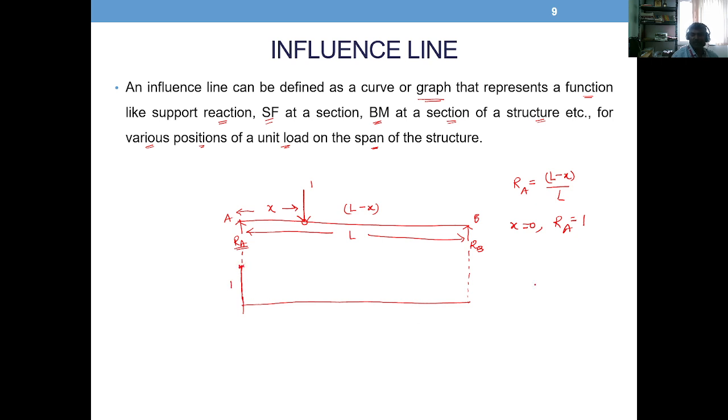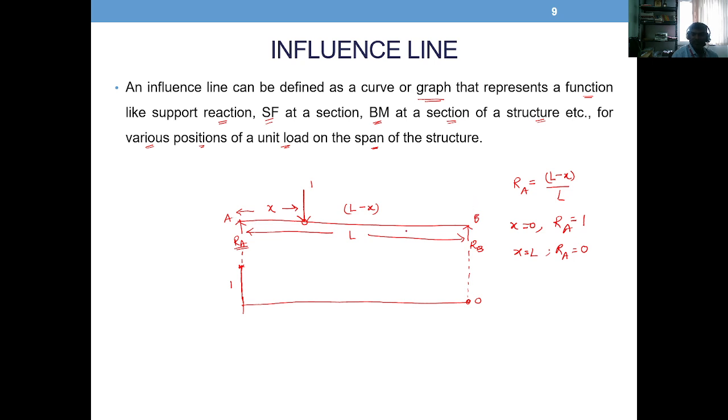So this is 1 here. Similarly, when load moves from A till B, when it is at B, x will become L. Substituting x is equal to L here will give you RA as 0. Meaning, reaction at A is 0 when load is at B. Reaction at A is 1 when load is here at A. Reaction at A is 0 when load is at this position.